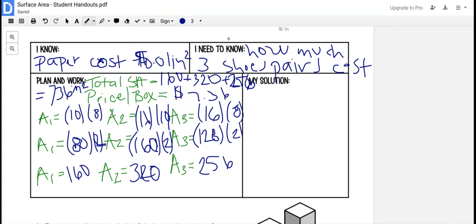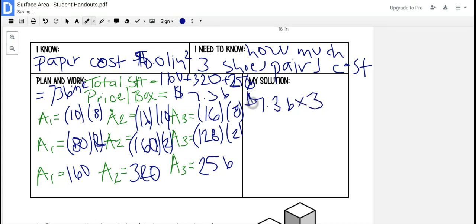So when we go to our solution, we found out how much one box would cost, but we need to know how much 3 pairs of shoes will cost. So in order to calculate that, we just take the price of one box and multiply it by 3. So we would do 7.36 times 3.